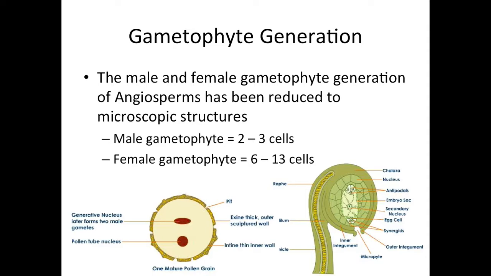In the case of the male gametophyte, it is only 2 to 3 cells large. For the female gametophyte in angiosperms, depending on the species, it can be anywhere between 6 and 13 cells. So we've gone from having dominant gametophyte bodies to having microscopic gametophyte bodies.